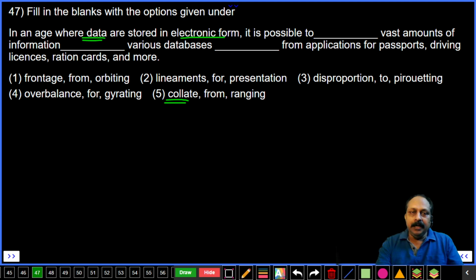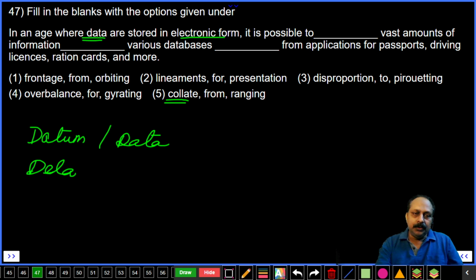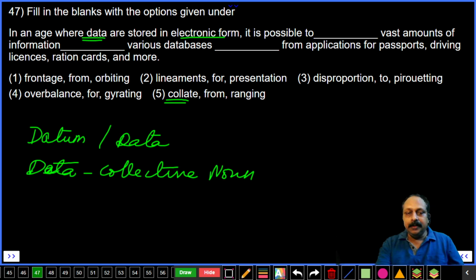In an age where data are stored, please remember datum singular, data plural, but used data is also used as a collective noun. If it is used as a collective noun, it takes a singular verb. The data is authentic, nothing wrong with that.